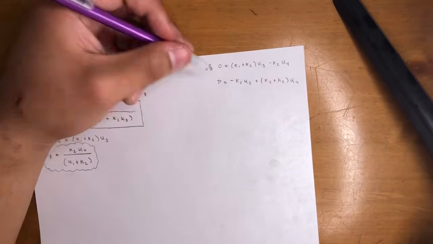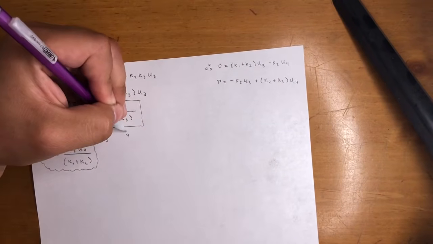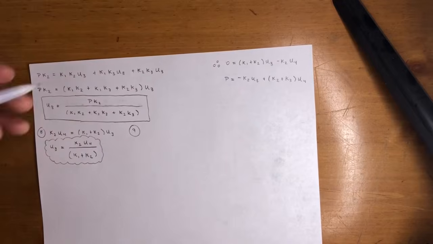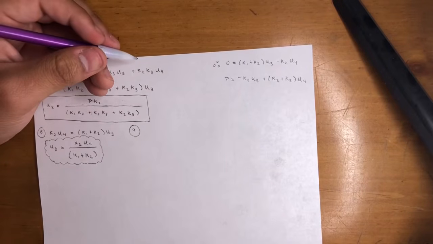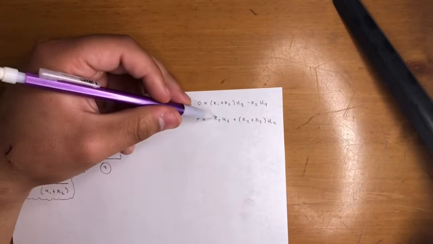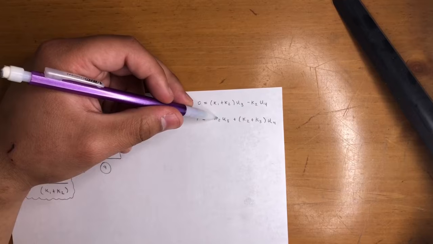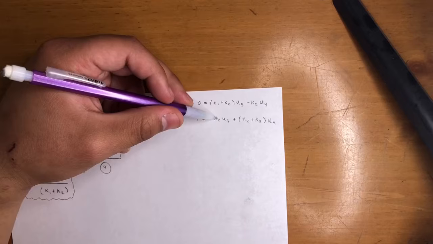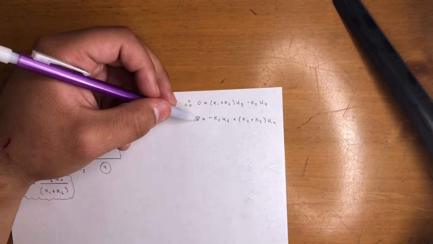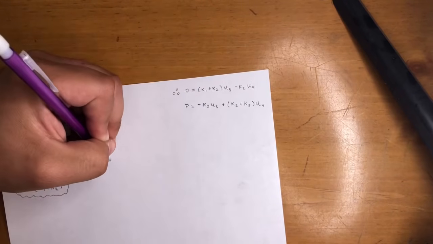Now let's do it for the second one, for the P1, step 9. Now we're solving for U3. What could we do? We'll move this one this way and P to the other side.